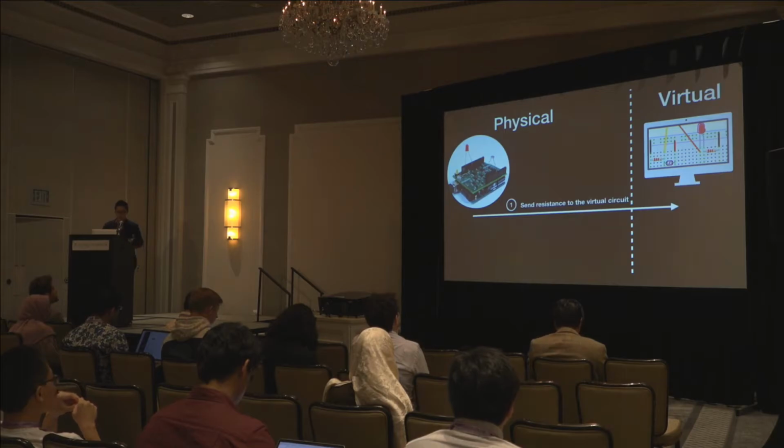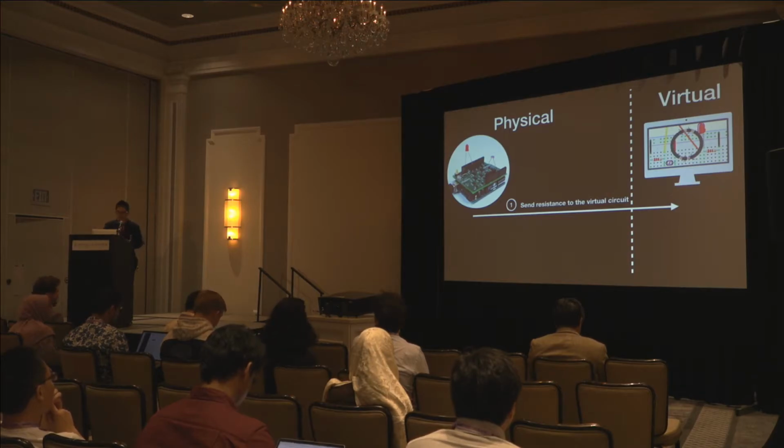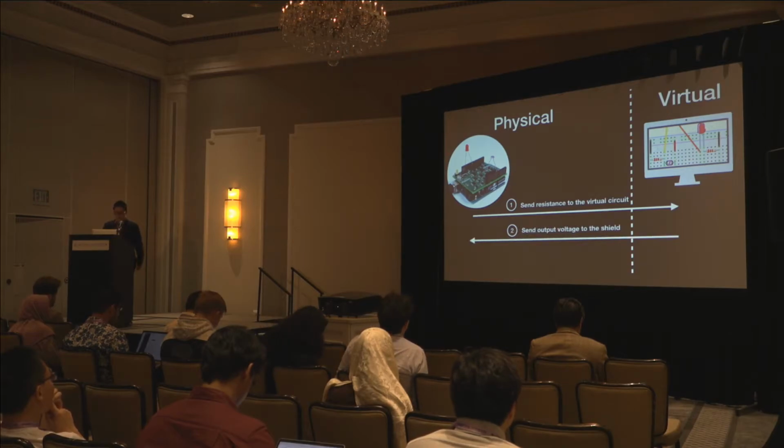It can measure the resistance, capacitance, switch status, and voltage from a real component and send it to the virtual component. Then the virtual circuits run in a simulator to compute the circuit behavior. Once this is done, it sends back the calculated output voltage to the shroud, which then drives the output physical process, like an LED to blink.